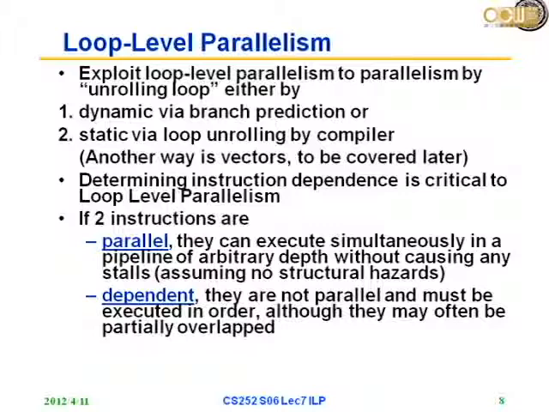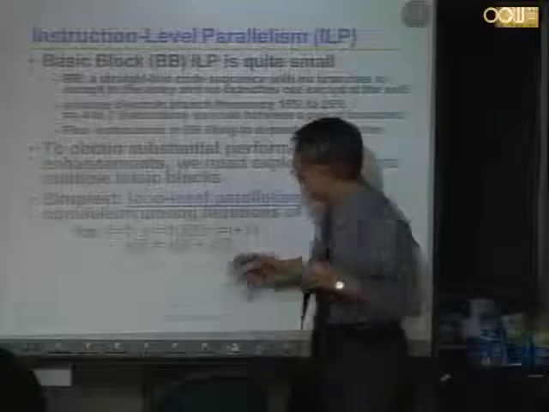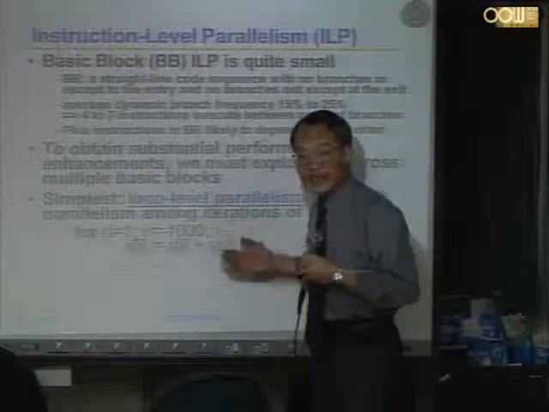Unrolling. You know what unrolling means? Let's go back to the previous example. Unrolling means, the loop body of this loop is only one statement. Remember, this is a high-level statement. In assembly, there might be several statements. Well, it doesn't matter. And this loop will iterate for 1,000 times.